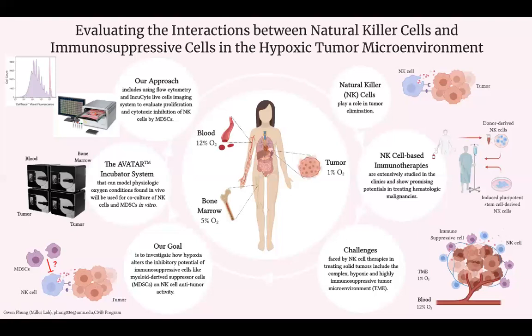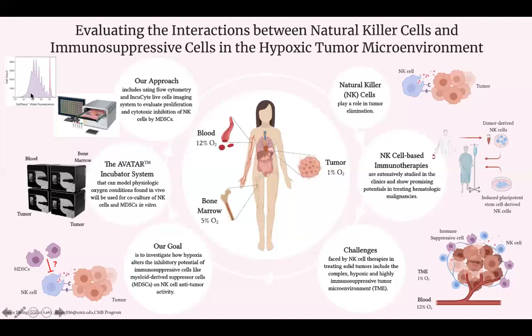And for my research specifically, the co-culture of MDSCs and NK cells in the hypoxic chamber will create a setting that resembles the tumor microenvironment, which will then allow me to evaluate how NK cell functions are regulated within that environment. Flow cytometry and also the IncuCyte live cell imaging system are the approaches used to examine NK cell proliferation and cytotoxic suppression by MDSCs.